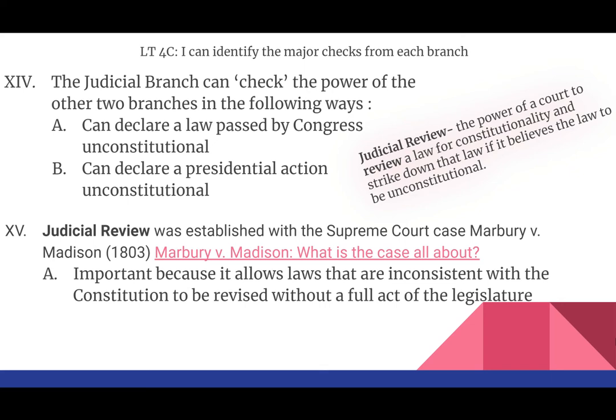This is a big power given to the judicial branch, because now they actually have power to do stuff. The founders didn't necessarily say this in the Constitution, but it was decided by the court in 1803 and has stood since, that they have the ability to decide whether or not a law is constitutional. So we see this as being their main source of power.